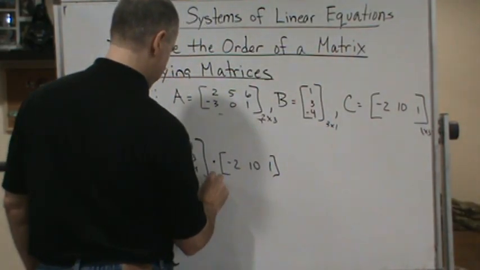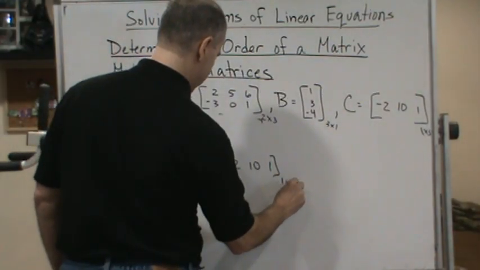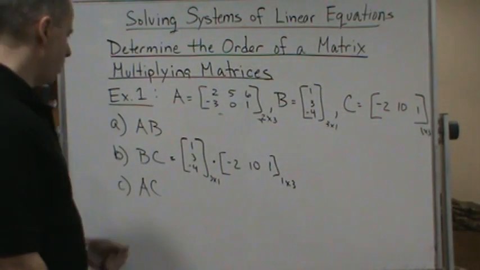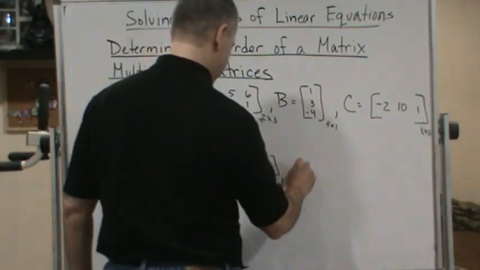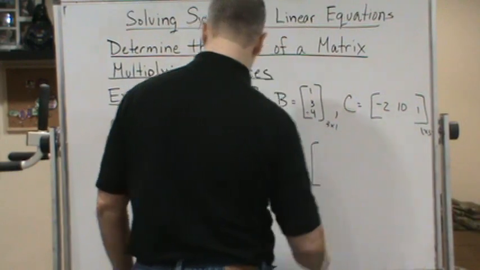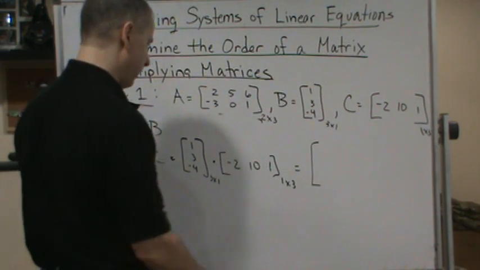Okay, so this is 3 by 1, 1 by 3. So this is going to end up being a 3 by 3 matrix, right?